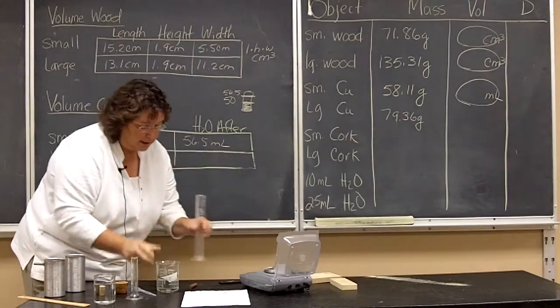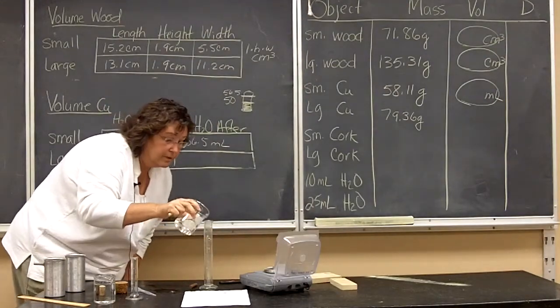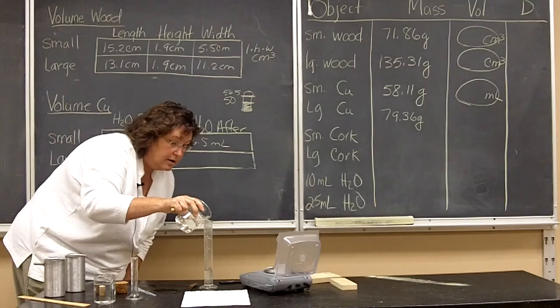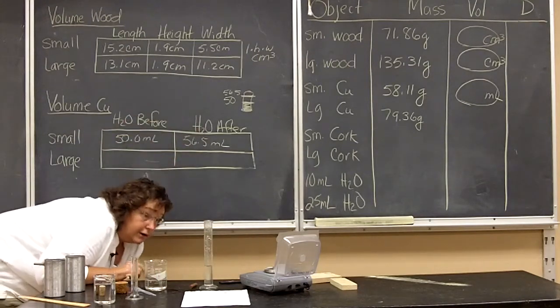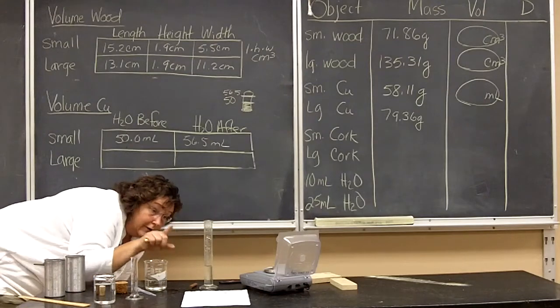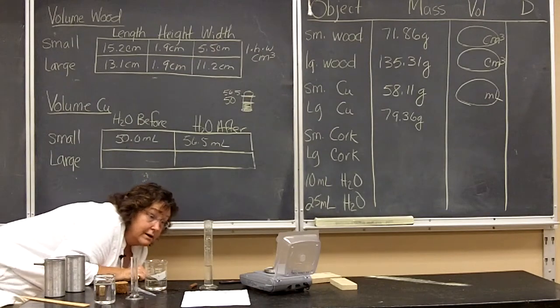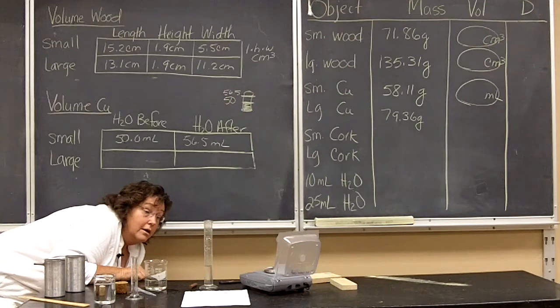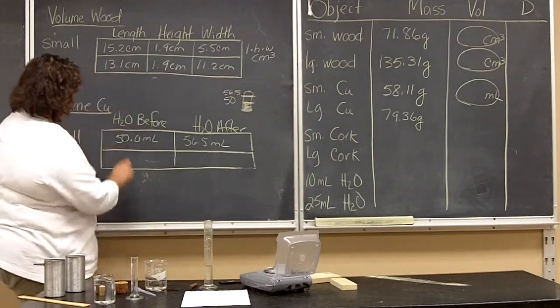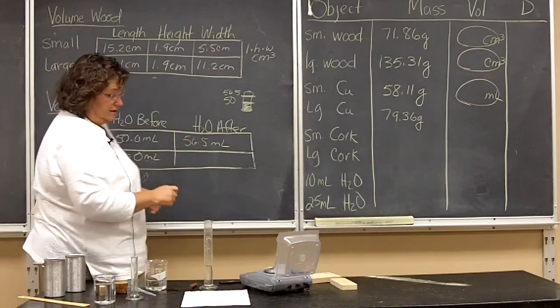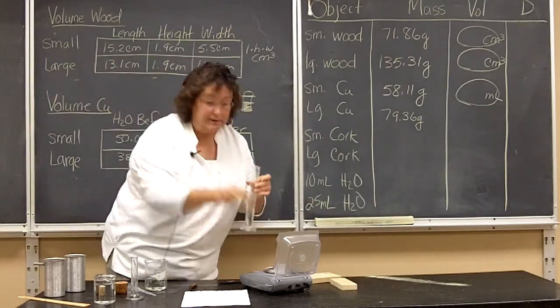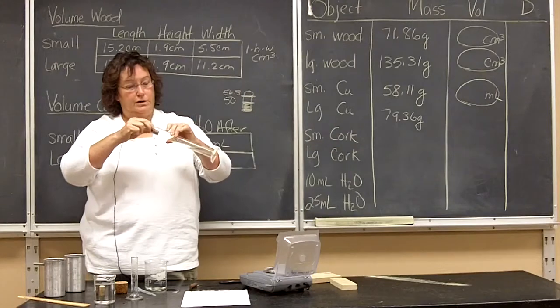And I'll take that cylinder, and I have to always read this at eye level at the bottom of the meniscus, that curve. And I've got 38.0 milliliters, which is plenty because this isn't as tall, so that should cover it.